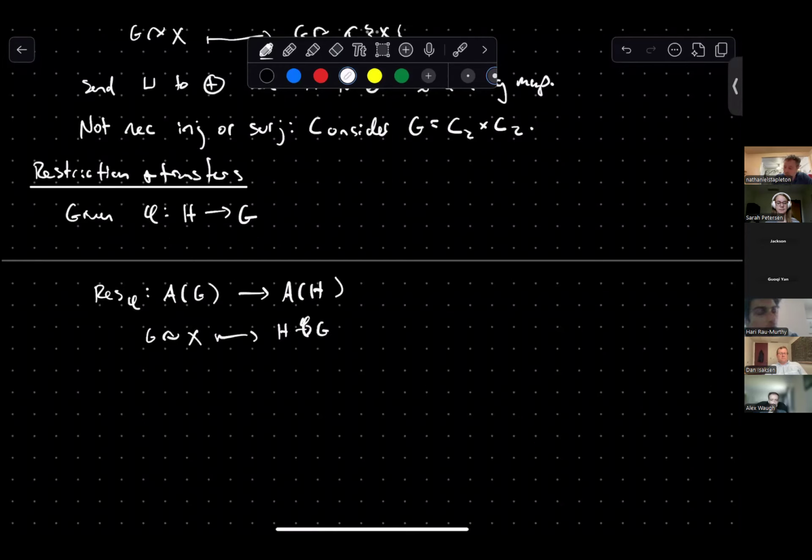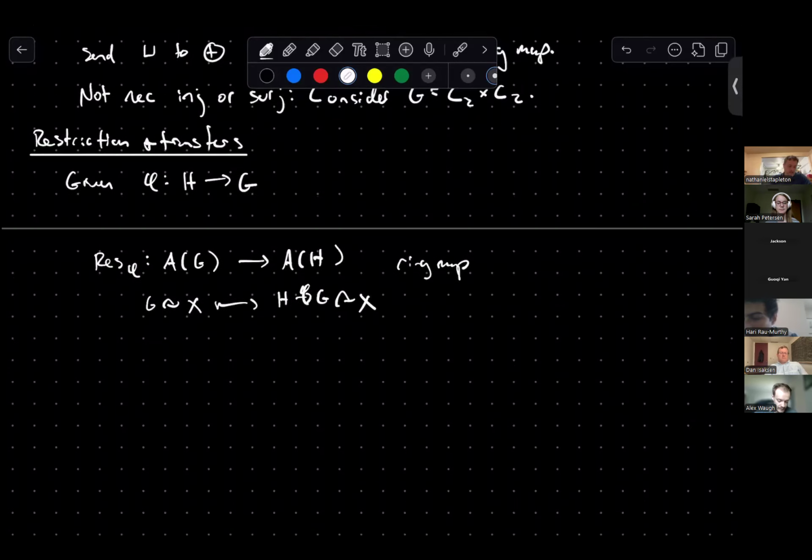I just use phi to have H act on X, and this is a ring map. There's also a transfer map along phi for arbitrary phi from A of H to A of G.